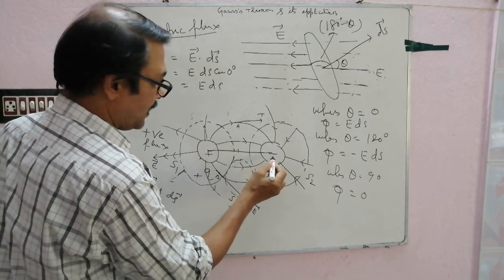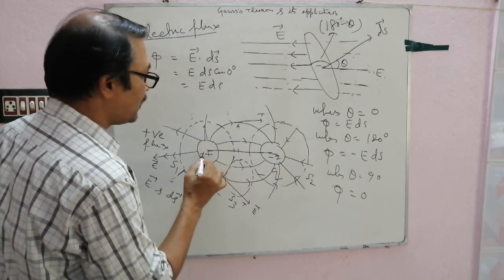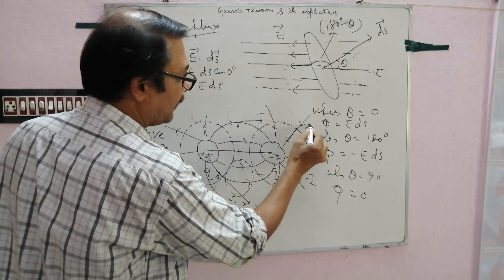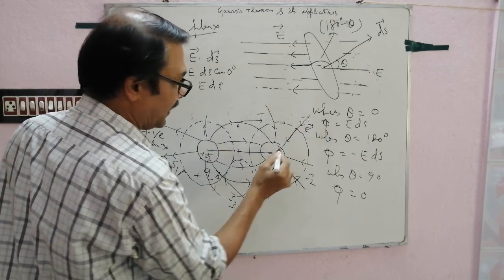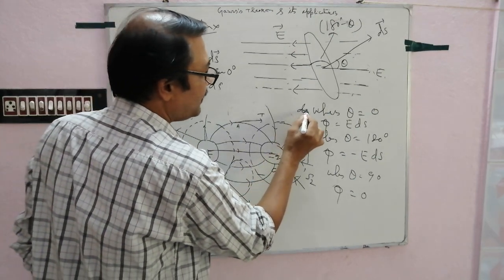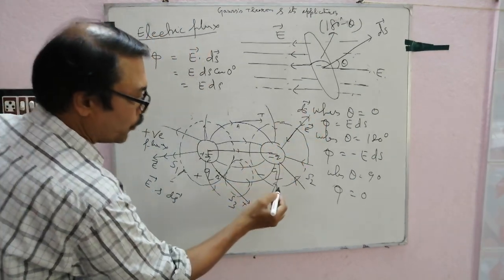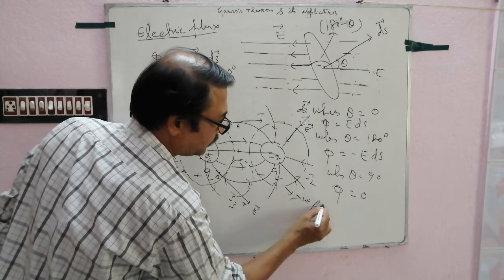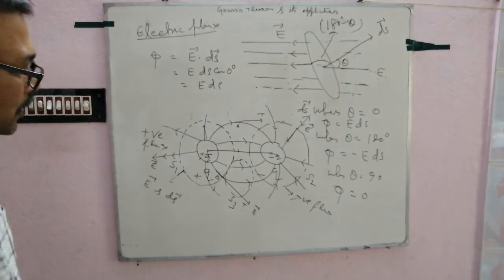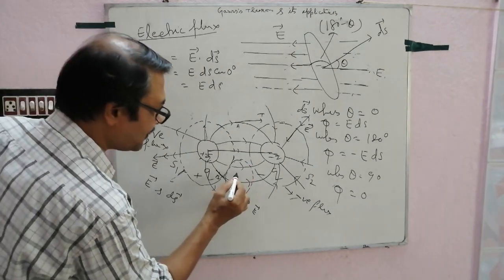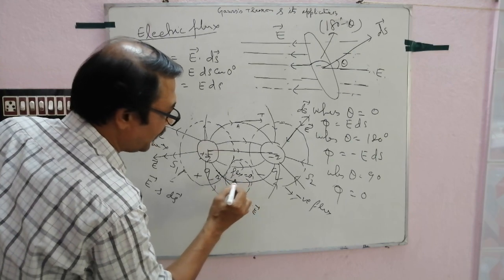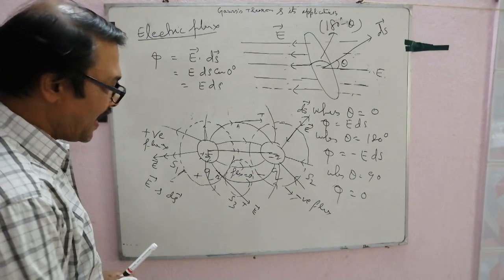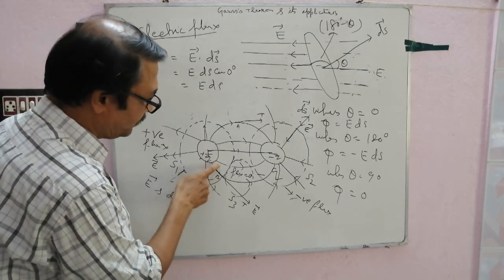Follow this figure. Here minus q charge, here plus q charge. Here the field is in this direction and the normal, that is the dS area, is in this direction. So E and dS are opposite, so in this area the flux linked is negative flux. But here the flux is 0, because there is no charge inside this area.